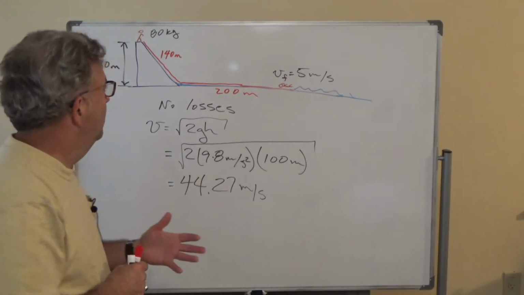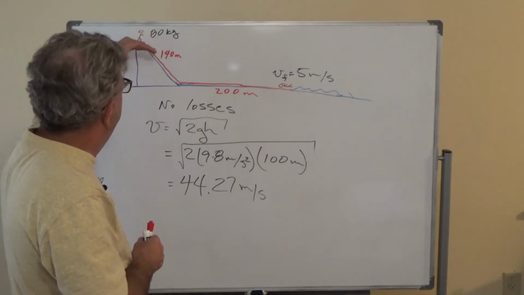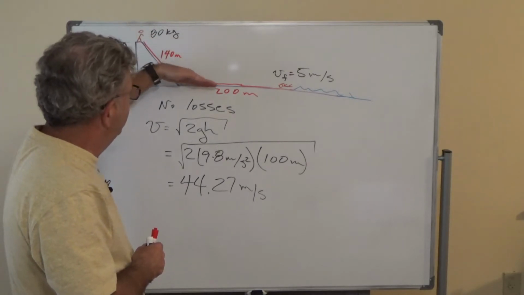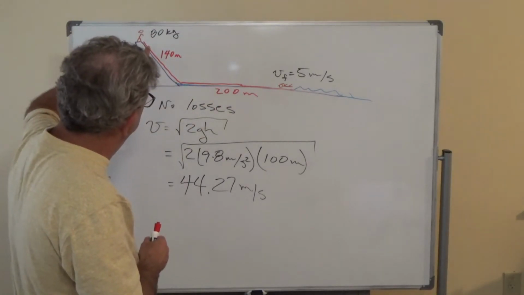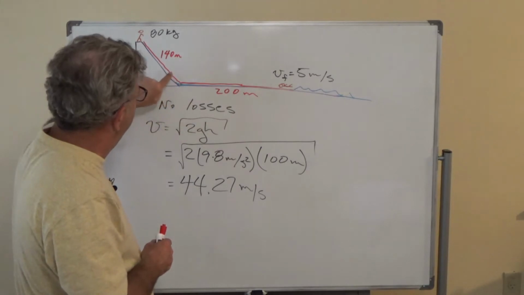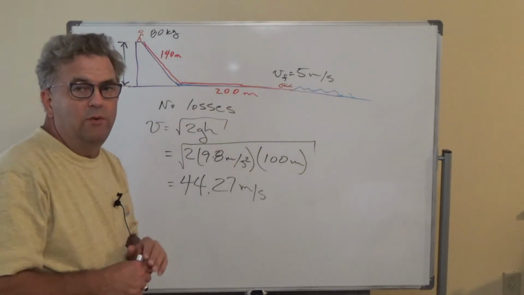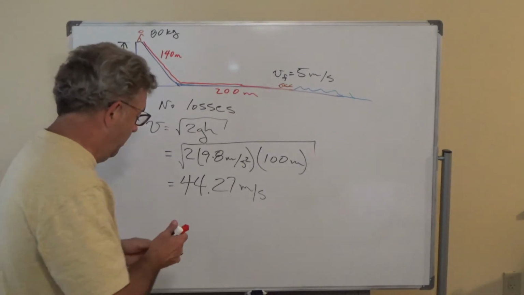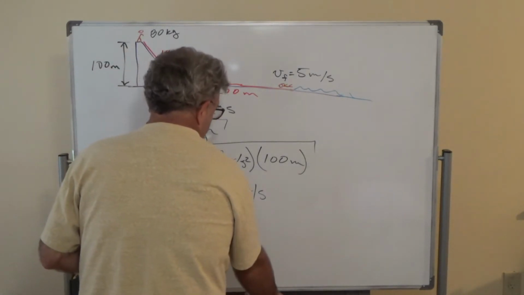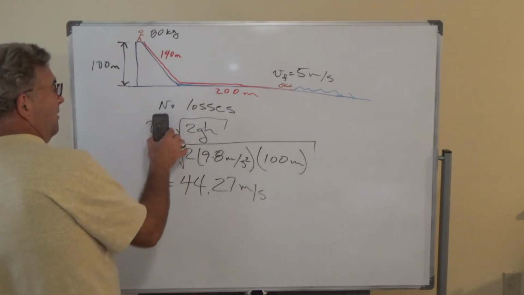Okay, so here's the scenario. They're an 80 kilogram person. They're sliding. The total distance that they slide is 140 meters plus 200 meters. Okay. From that, we can calculate the losses.